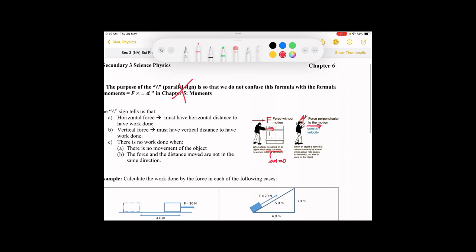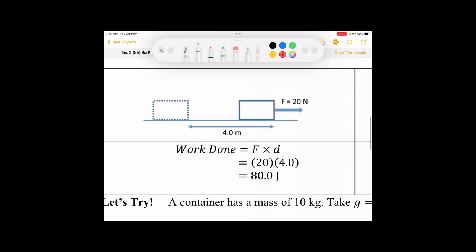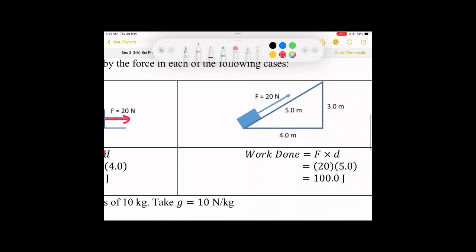So in what cases is there work done? Let's look at two cases. One, the force is applied to the right and the distance traveled is also towards the right. So there is a distance traveled in the direction of the force. In this case, we just multiply the numbers together to get 80 joules.